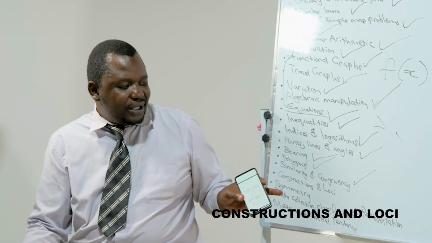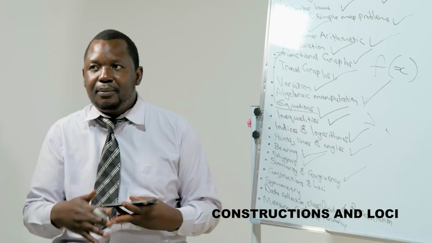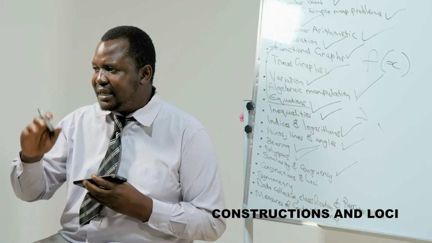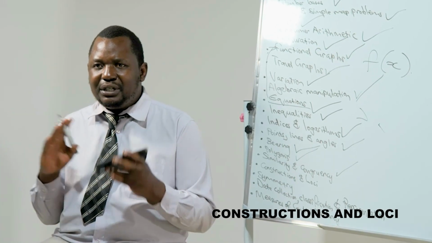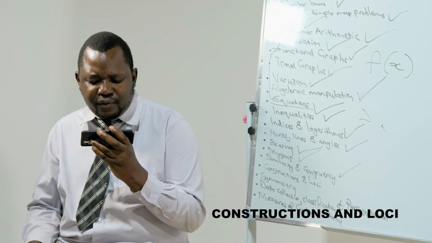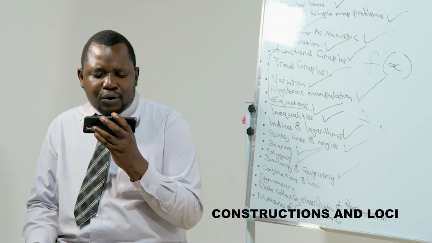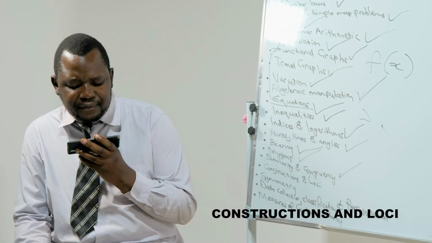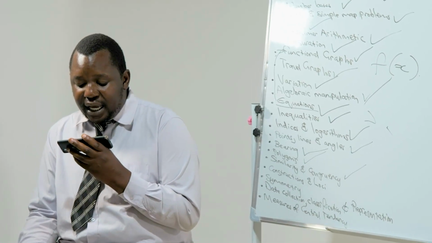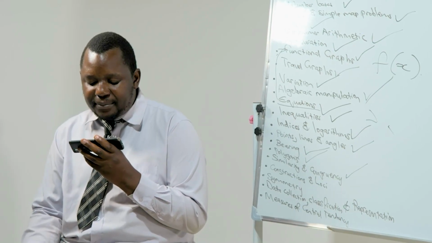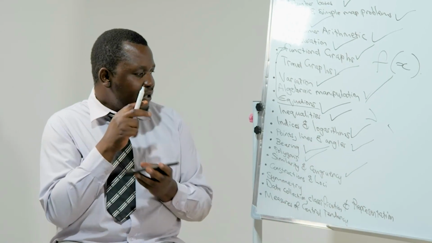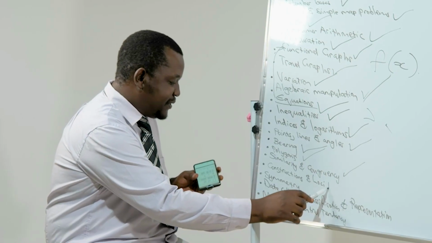Under constructions and loci, we use ruler and compass to construct 90 degrees, 60 degrees, perpendicular bisector, angle bisector. And loci: equidistant from one point, equidistant from two points, etc. Under constructions and loci, the first objective, you need to construct triangles, you need to construct quadrilaterals, and you need to solve life problems using constructions of triangles and quadrilaterals. Next topic, we're talking of symmetry.